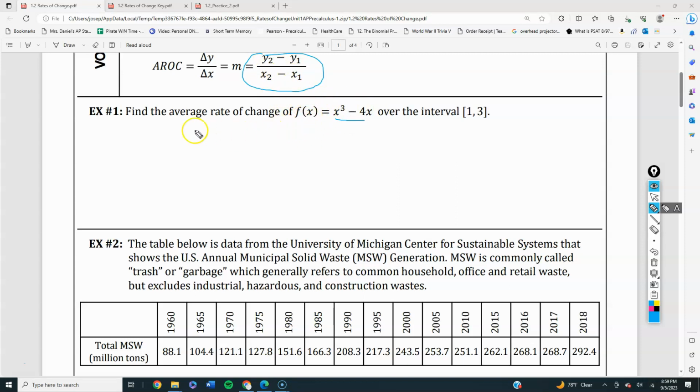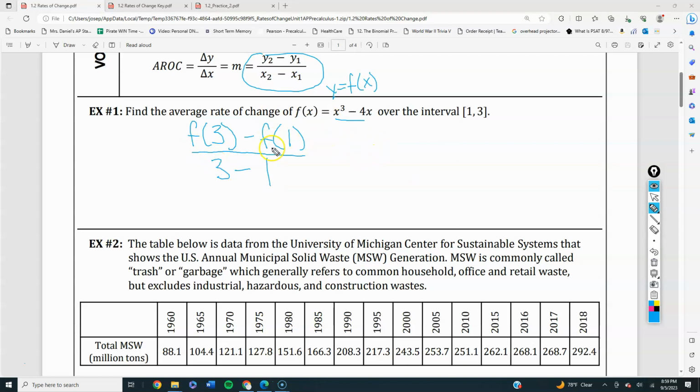So our y, remember, y is f of x. So I'm going to think about this as f of 3 minus f of 1, because I'm going my 3 and my 1. I'm going to plug them in to my function over 3 minus 1.